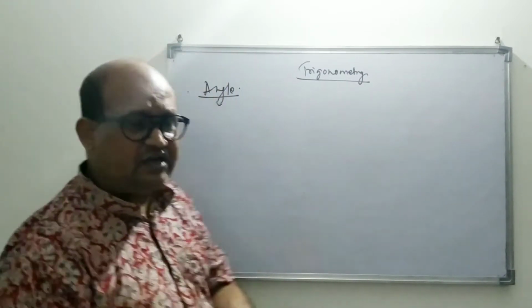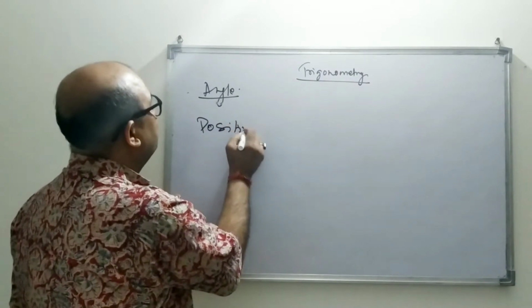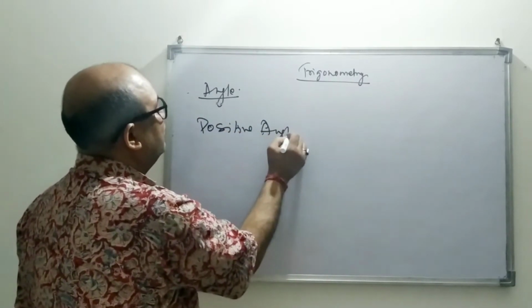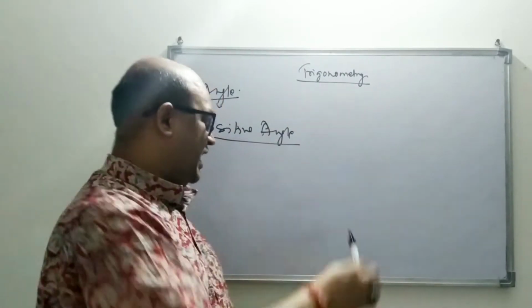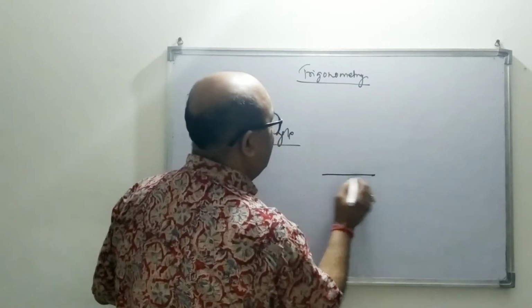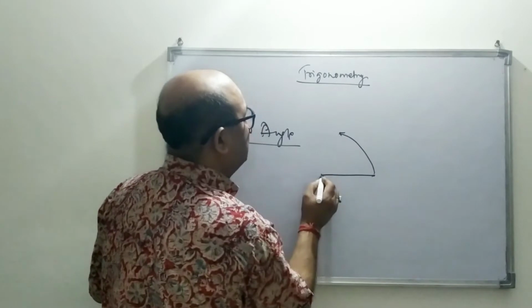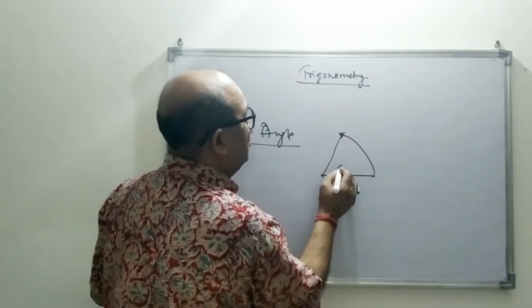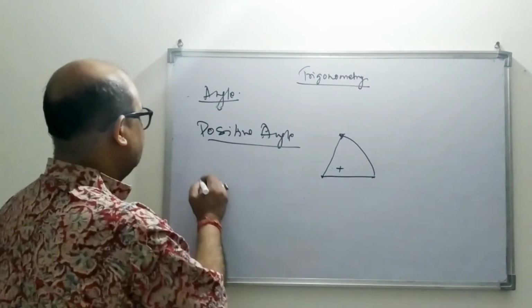If the rotation of the terminal line is in anti-clockwise direction, that is, suppose this is the line, and the terminal line moves in anti-clockwise direction, then this is called positive angle. This angle is called positive, and another is negative angle.